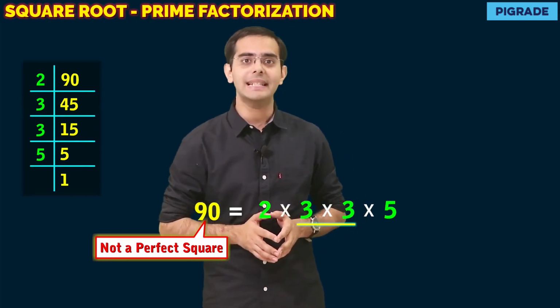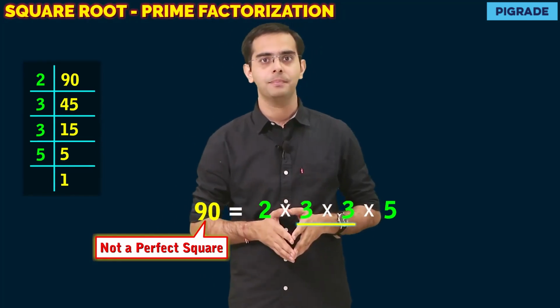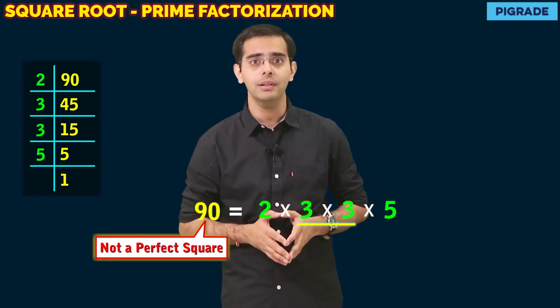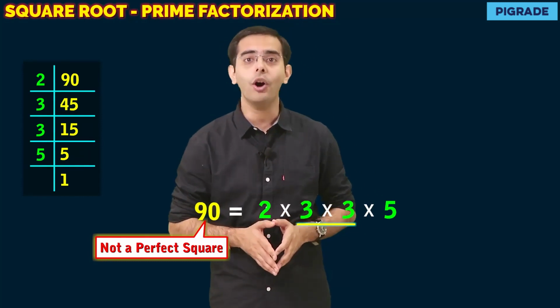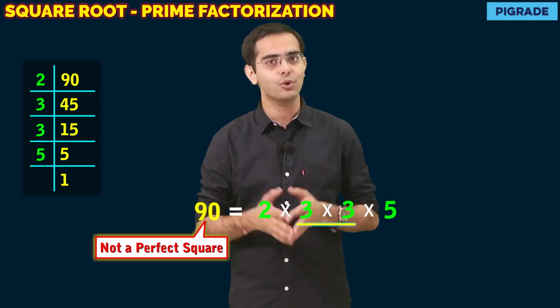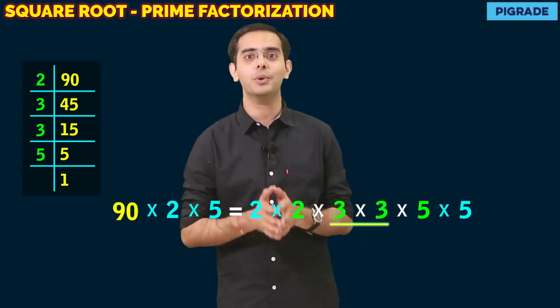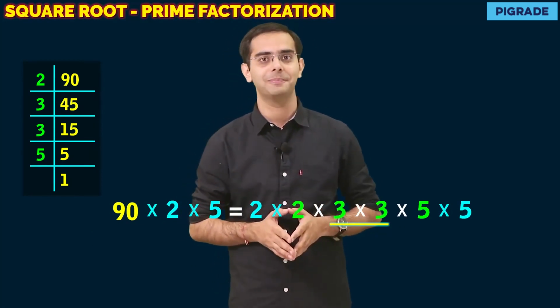Correct. Here we can see that 2 and 5 are not in pairs. And we know that for a given number to be a perfect square, all its factors should be in pair. So what we need to do is multiply 90 by 2 and 5 to complete their respective pairs.